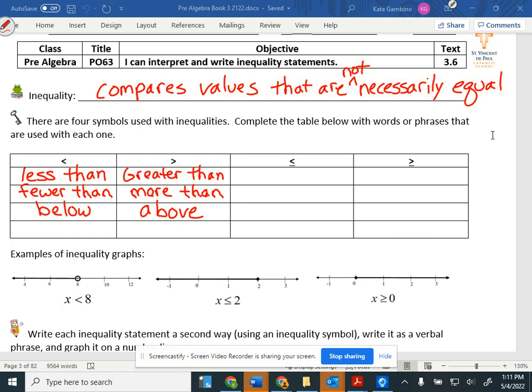Now it's going to get a little bit different. Let's look at this symbol. The first one is a little bit easier. It's what we always say with it. What do we say when we see that symbol, Colin? At least goes over here.